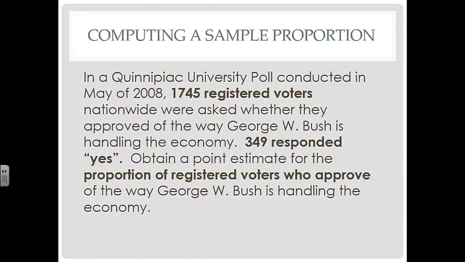So we're going to obtain a point estimate, which is basically your sample proportion, for the proportion of registered voters who approve of the way he was handling the economy. So we take 349, divide by 1,745, and we get 0.2, about 20%, and that is your sample proportion, also called the point estimate.